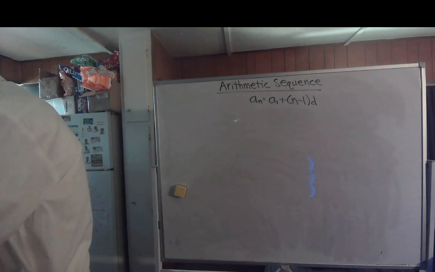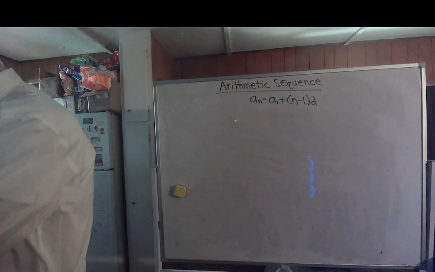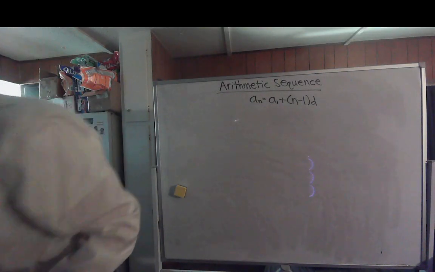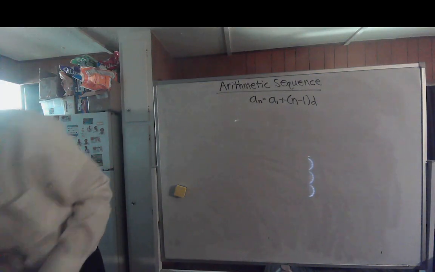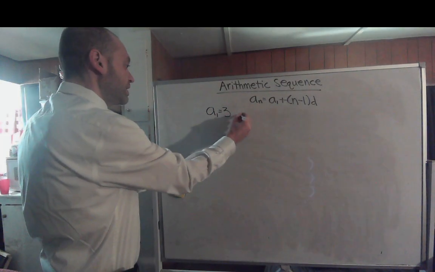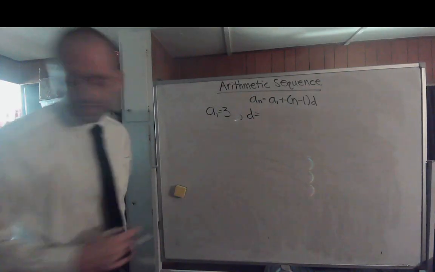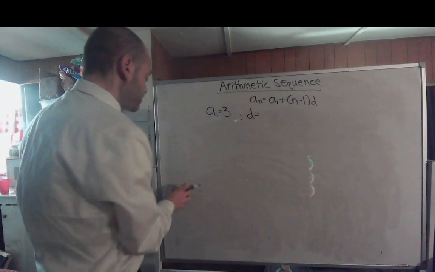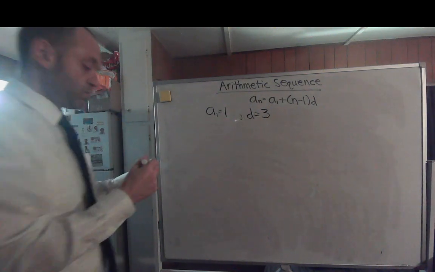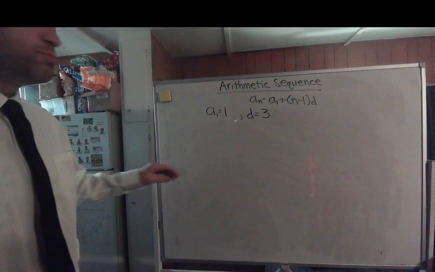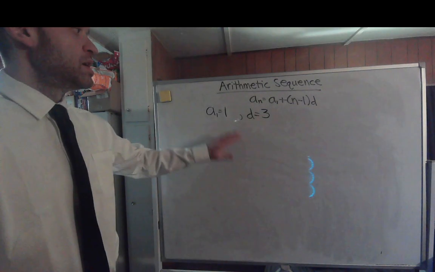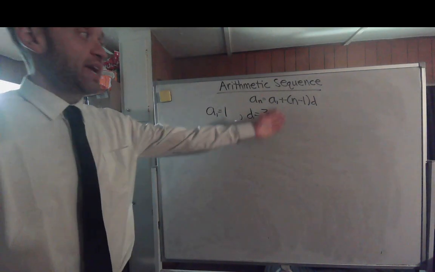Now, we're going to do a few easy exercises, then a few harder ones for finding the formula for a sequence. So let's say you're given a sub 1 equals 1. The common difference is 3. I almost had that backwards. So sometimes you may be given the first term and a common difference. That's actually easy. They practically handed the answer to you.